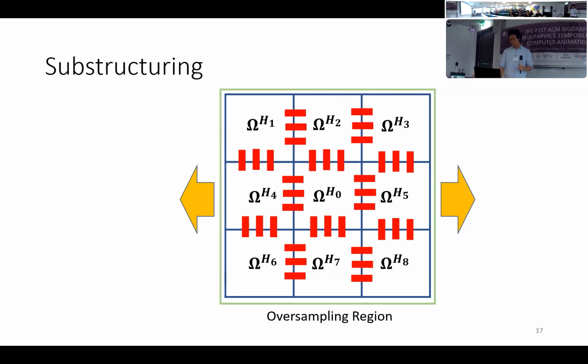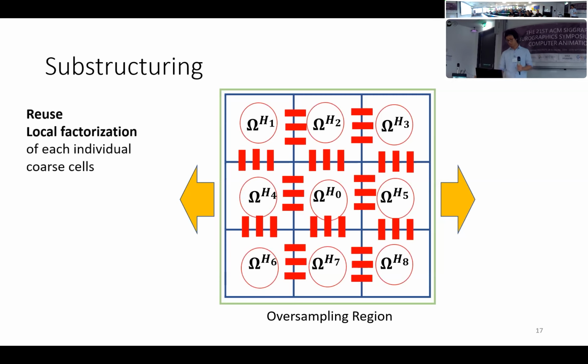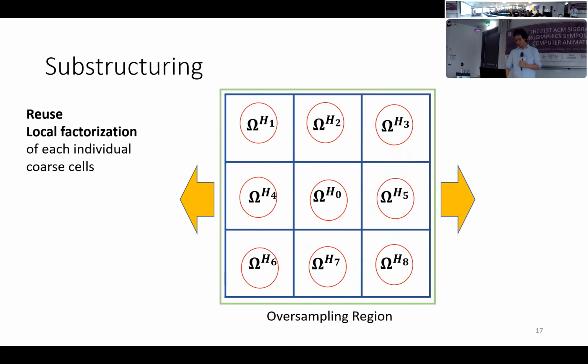And in this way, we can formulate this problem as a Lagrangian multiplier problem. And the factorization of each individual coarse cell can be reused. Furthermore, we found a set of constraints with a smaller number of constraints and with good accuracy.